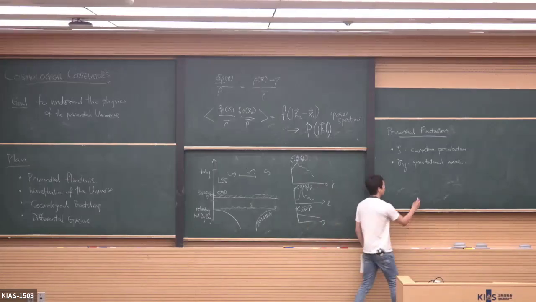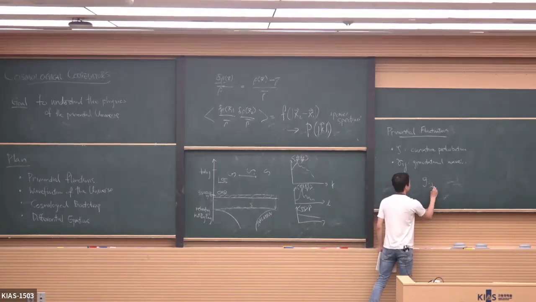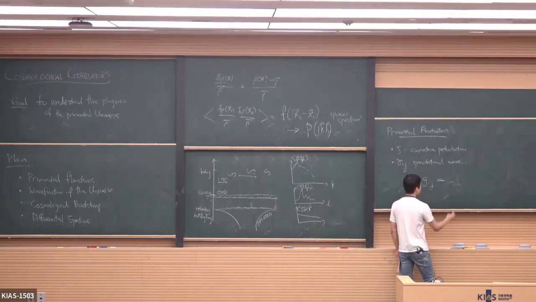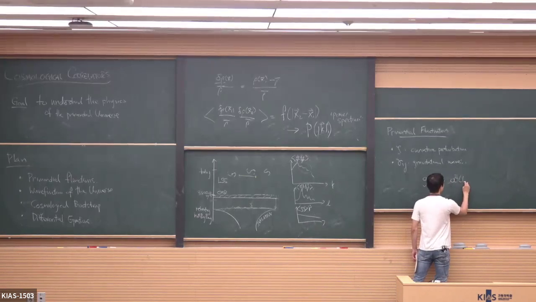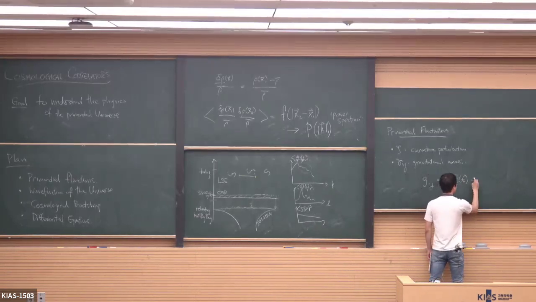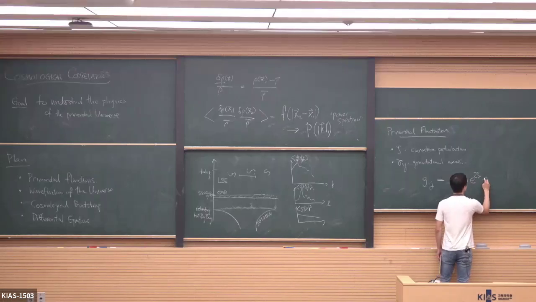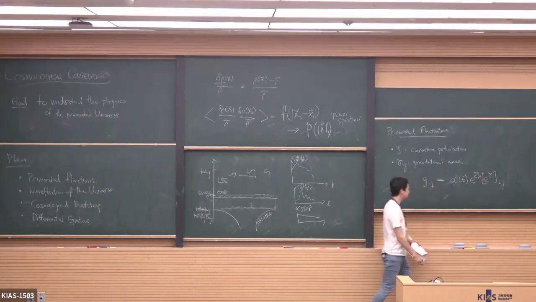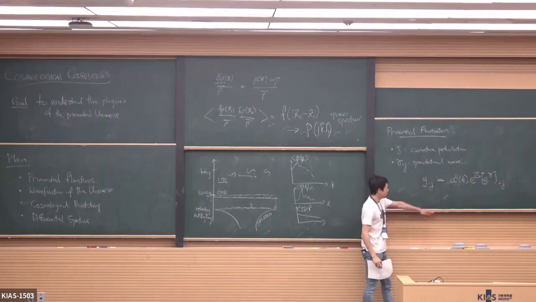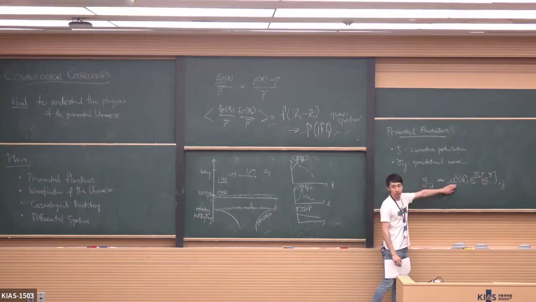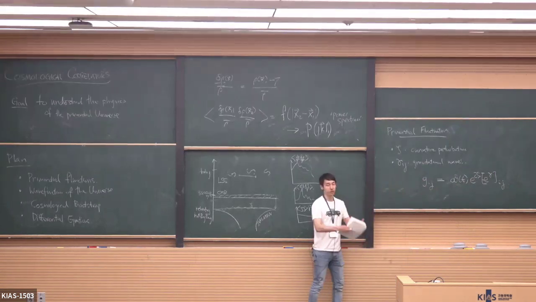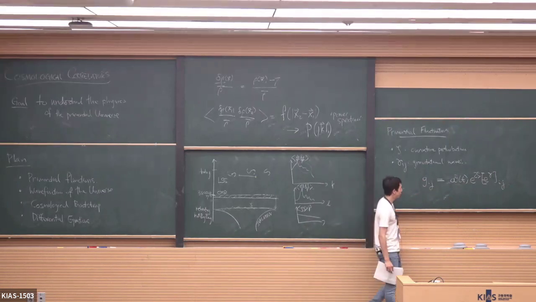Okay, so the spatial part of the metric, g_ij, in an expanding spacetime can be written in this form. This a of t is the so-called scale factor, which basically tells us the rate at which the universe is expanding as a function of time.